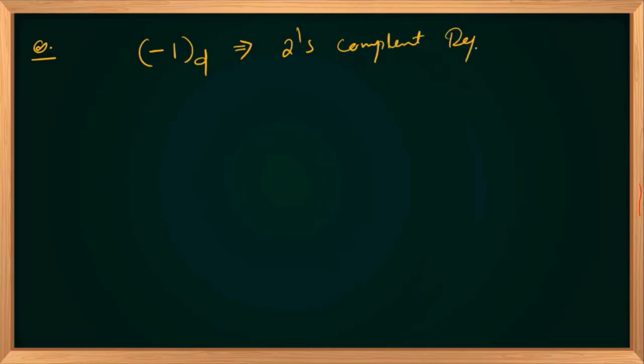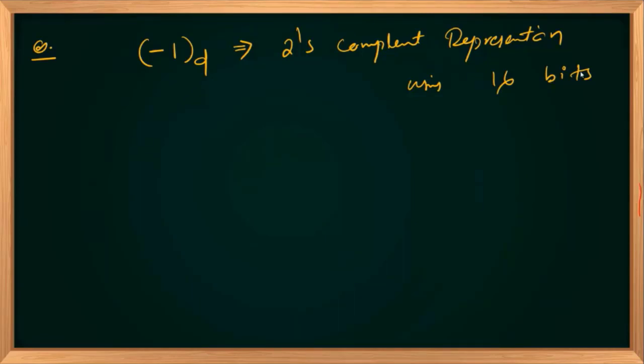Right, I'm moving to the next one. Please tell me what is the representation of minus 1 decimal in 2's complement representation using 16 bits.